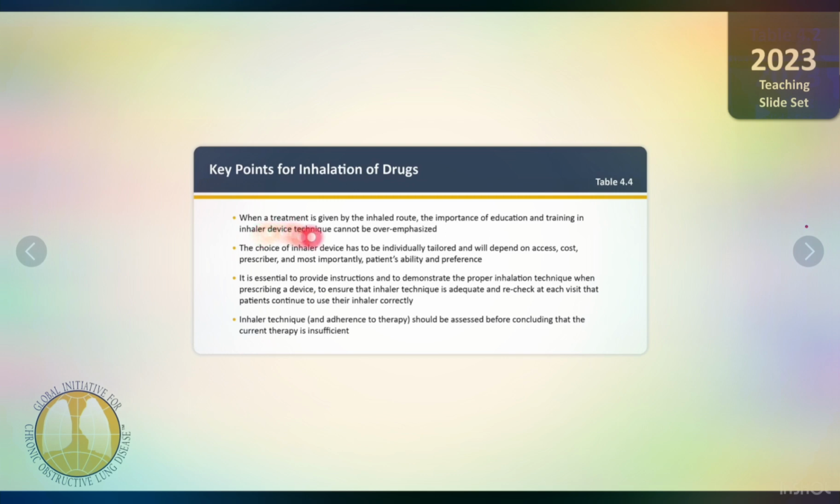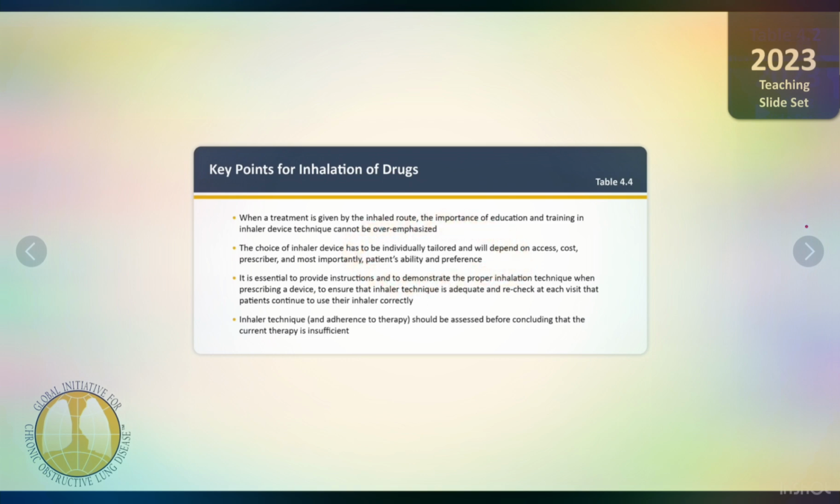So they are telling when a treatment is given by the inhaled route, the importance of education and training in inhaler device technique cannot be overemphasized. The choice of inhaler device has to be individually tailored and will depend on access, cost, prescriber, and most importantly, the patient's ability and preference.